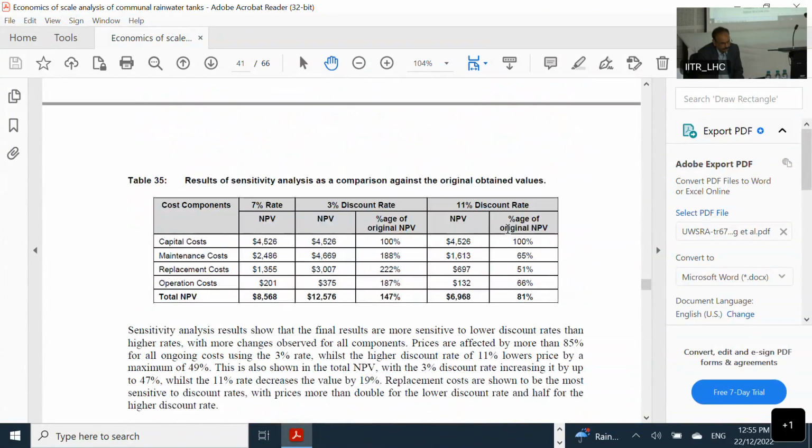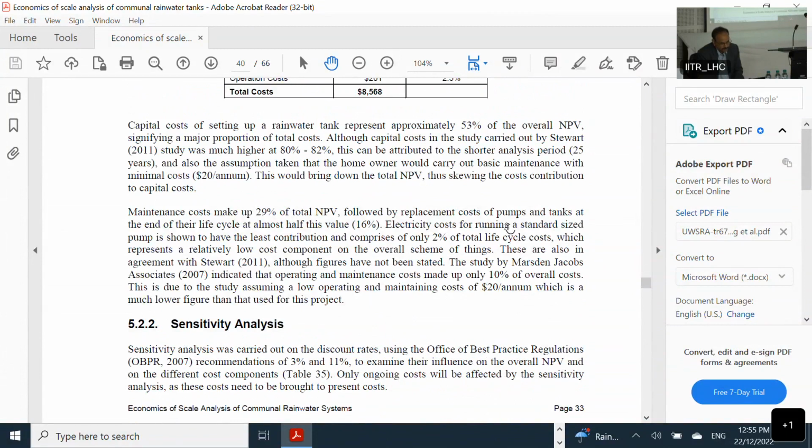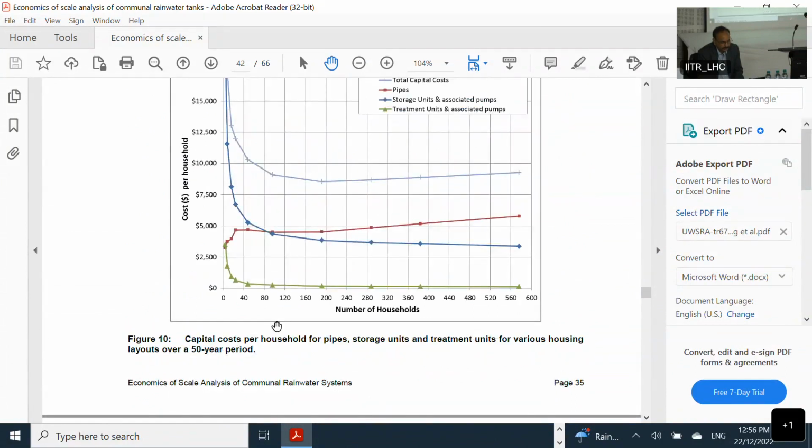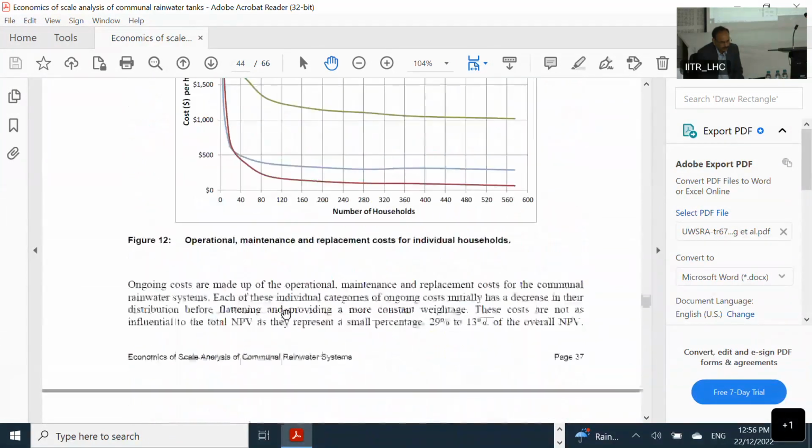And then the sensitivity analysis to see what changes there are going to be, and then the cost of different components, operation, pipes, maintenance, replacement, and their contribution in the overall analysis. All that information can be of use to those of you interested in working in that space. As Professor Yadav said, there are opportunities in future because there is a lot of money the state is putting in.